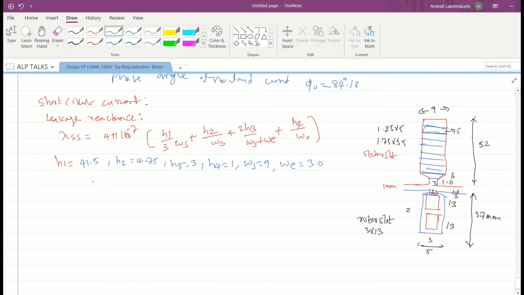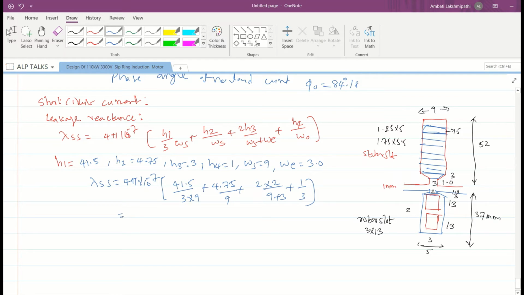So let's calculate lambda ss equal to 4 pi into 10 power minus 7. I am substituting all the values into the formula so that we can get the desired value: 41.5 by 3 into 9, plus 2 into 2 by 9 plus 3, plus 1 by 3.